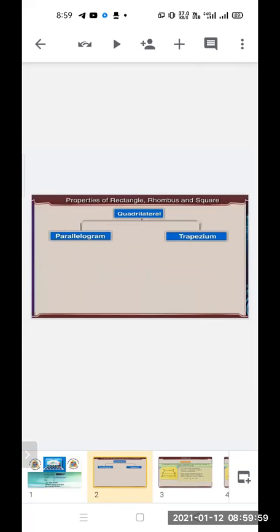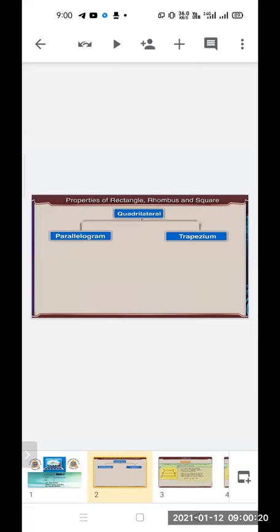So, children, in the previous three lectures, we have discussed the chapter quadrilateral and their types. We have also discussed the definition, how to name the quadrilateral, what the parts are, and the properties of the types of quadrilateral.